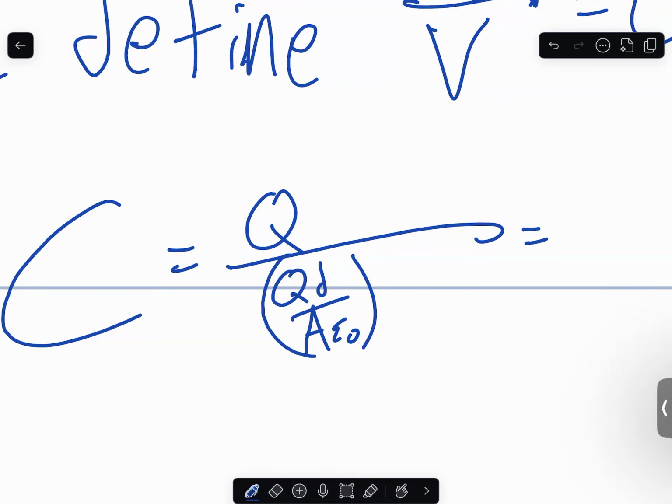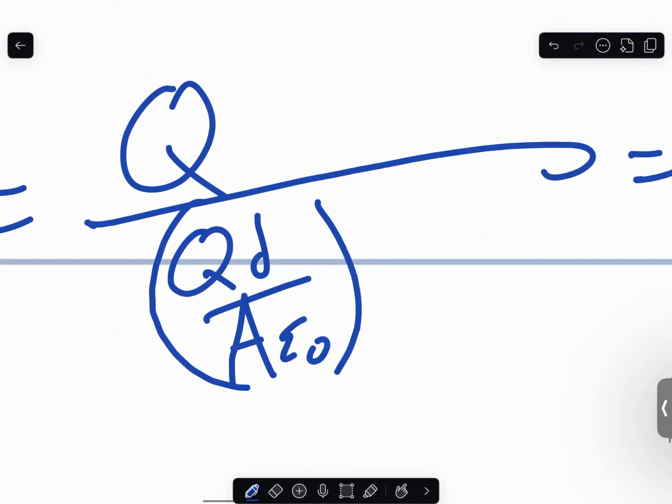And again, I'm asking you to simplify this fraction. Your task at the present is to take this fraction and simplify it.